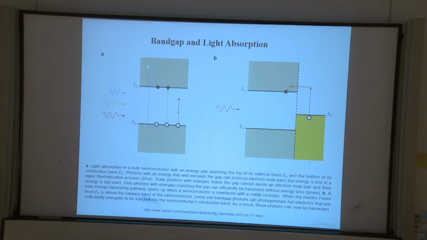So it usually will drop down until they cannot drop further in the conduction band. So they will go down to the edge of the conduction band and release the energy from where it was excited to the conduction band edge in the form of thermal energy.